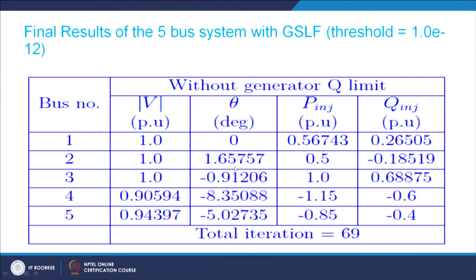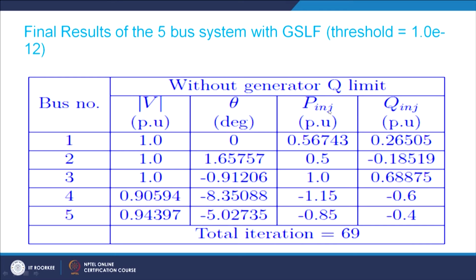So if we look at this injected power at bus 1, 2, 3, 4, 5, at bus 2, please recollect, we have shown in our data that our real power injection is 50 megawatt. So injected power would be 0.5 per unit, and at bus 3 our real power generation is 100 megawatt.